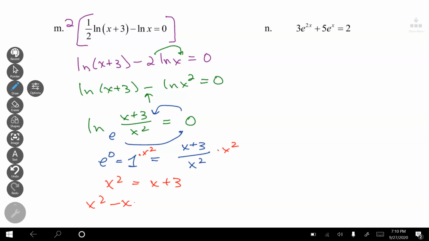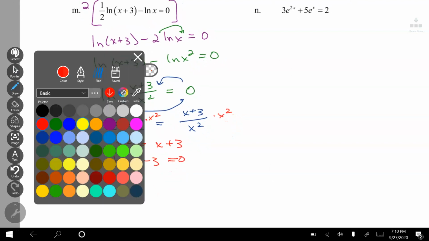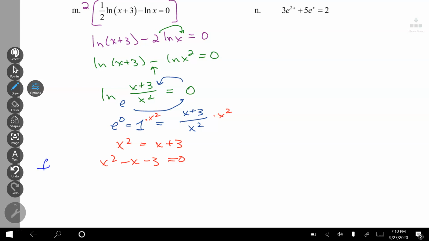Only way I can solve this problem is bring it over. And now I have to make a choice. And guess what? I cannot factor this. So I have to use the quadratic formula.